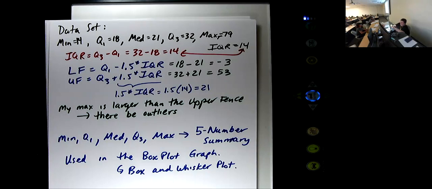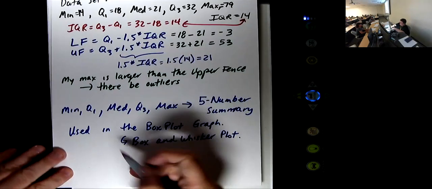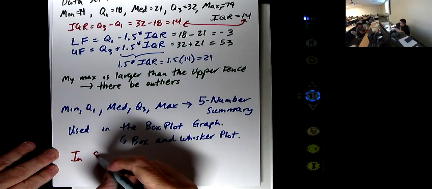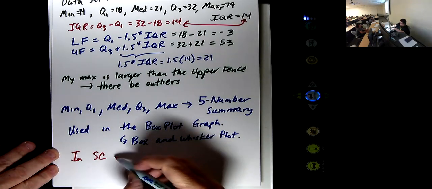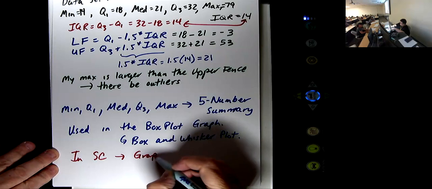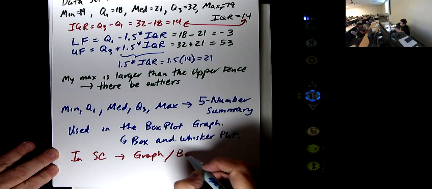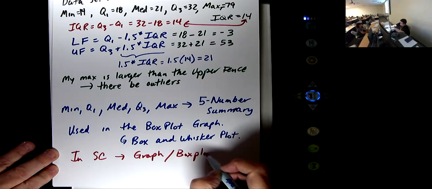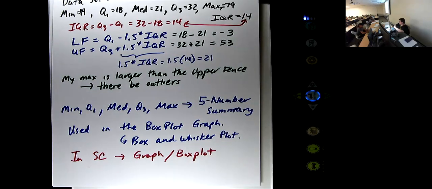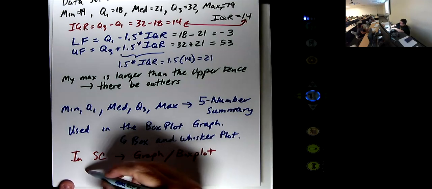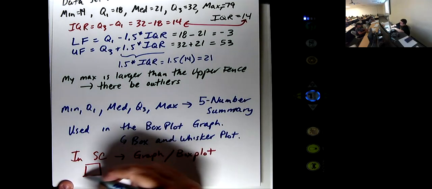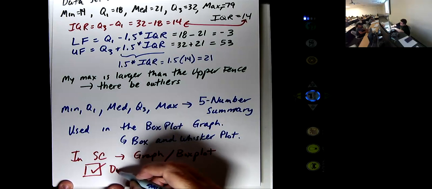But just like every graph that we do in StatCrunch, we do graph, box plot. When you do the graph box plot, you want to check mark to draw boxes horizontally.